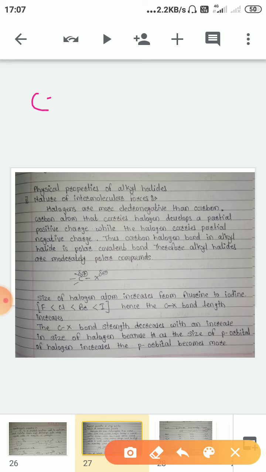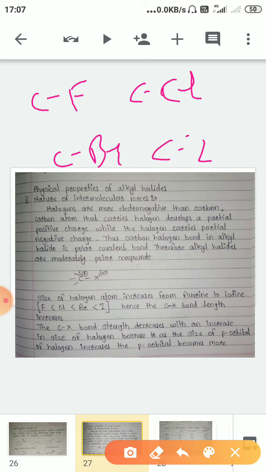If we consider the bond length between carbon and fluorine, carbon and chlorine, carbon and bromine, and carbon and iodine, then the bond length of carbon-iodine is greater than that of carbon-fluorine. Therefore, as the size of the halogen atom increases from fluorine to iodine, the carbon-halogen bond length increases. That is what you have to remember.